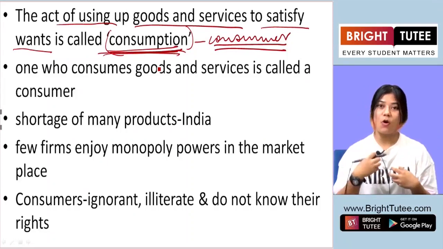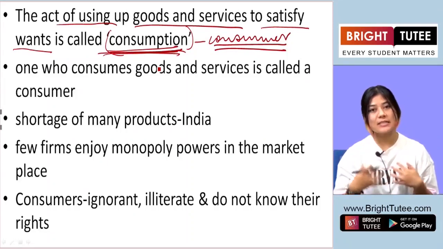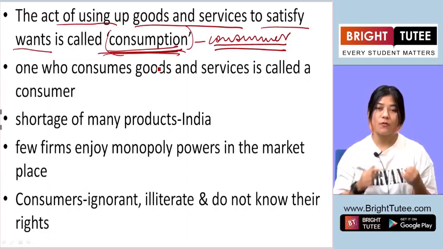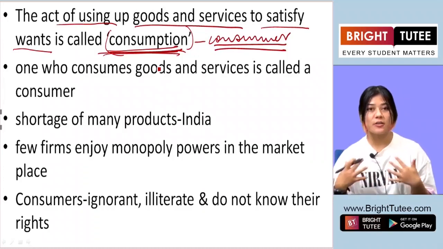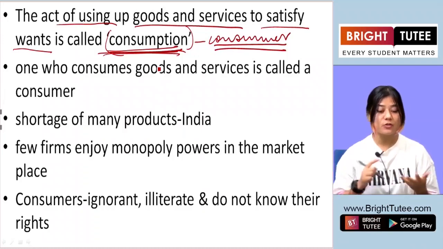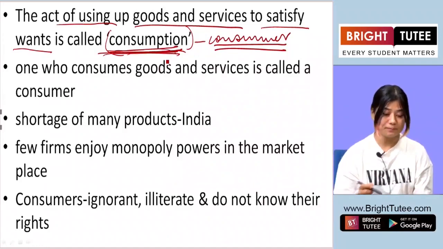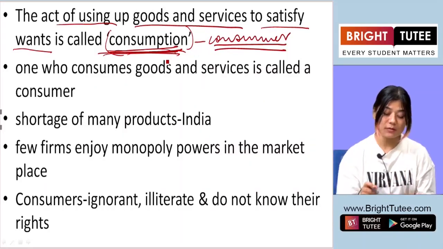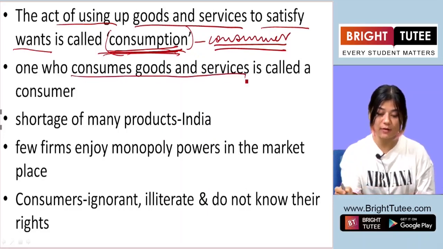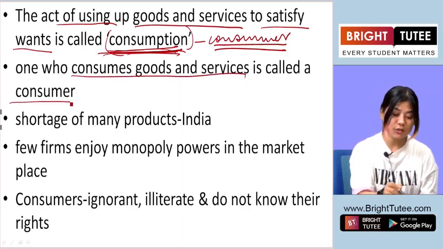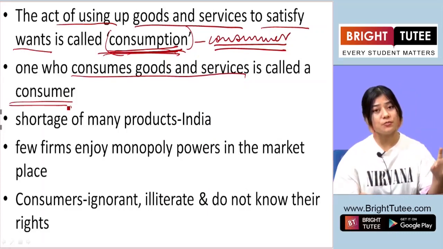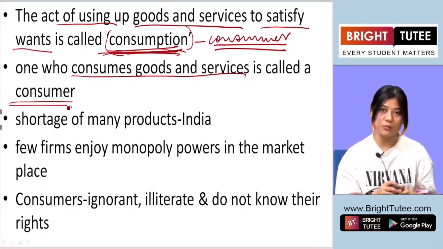The act of using food to satisfy your needs of nutrition, to satisfy your needs to cover yourself, that act of using is called consumption. Okay? And anyone who consumes goods and services is called a consumer. So consumption, consumer. Alright?